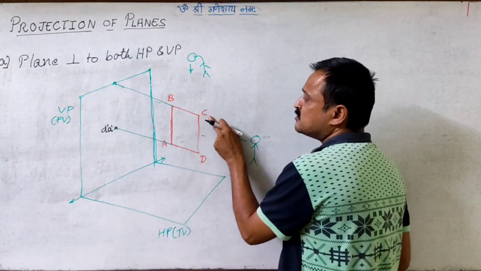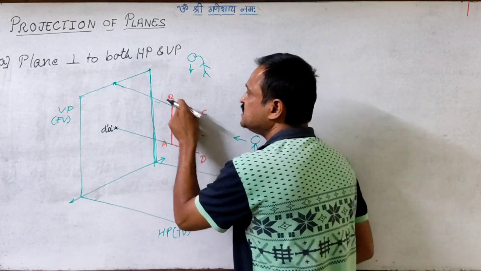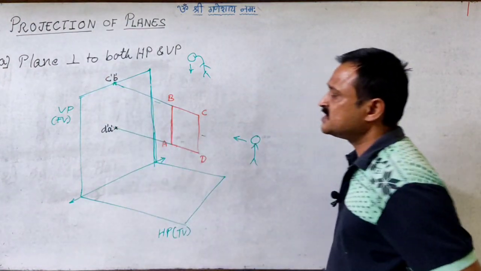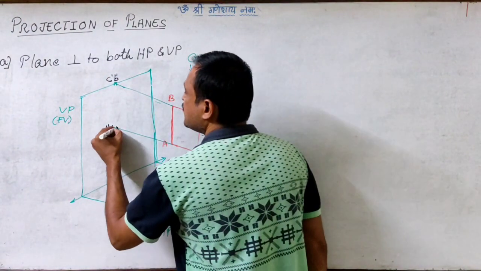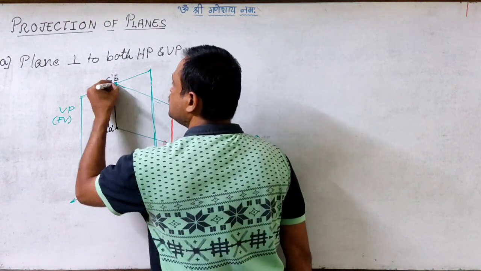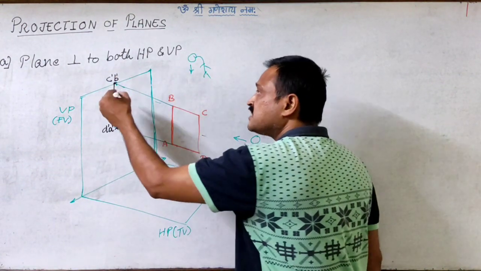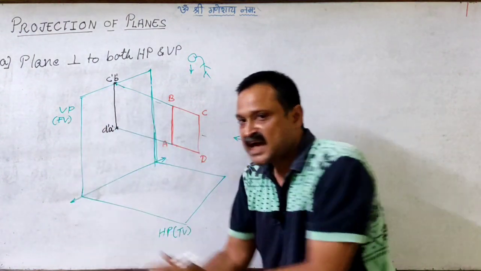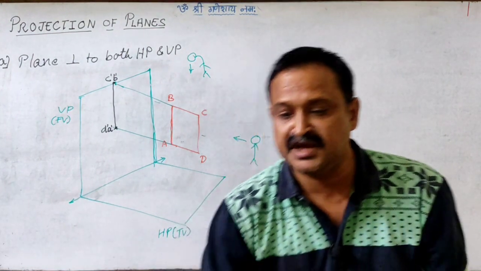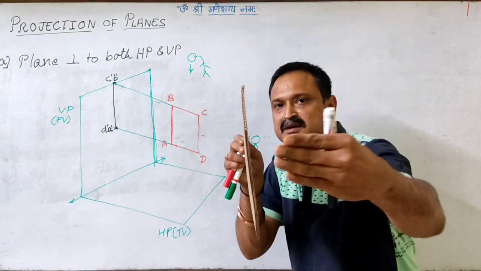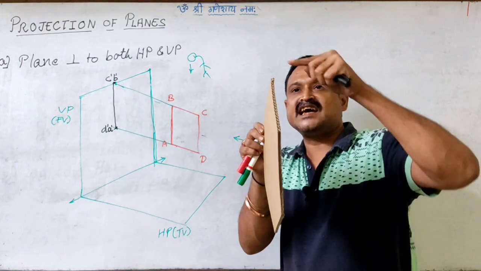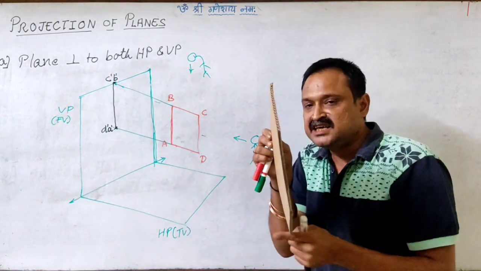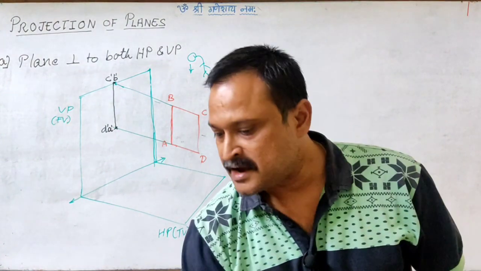Here again I am able to see C first, then B. So I will name this as C dash B dash. So when I join A with B, B with C, C will be there itself, and C with D, I am getting the front view image as a line image, as I have told you here. So you are able to see the front view image as a line image, this being B and C, and this being the D and A front view image.